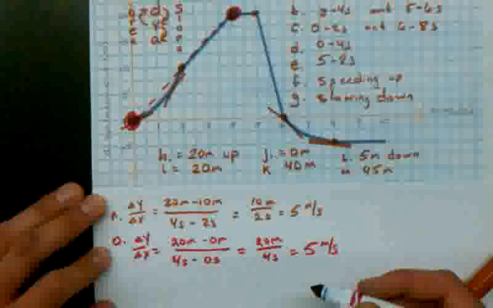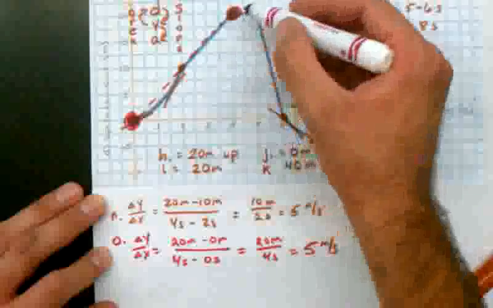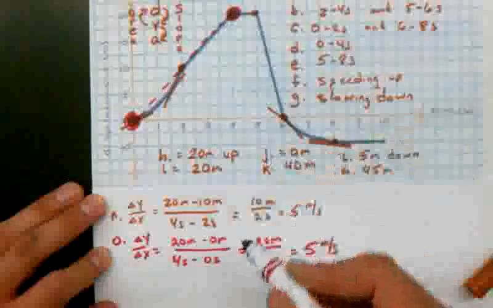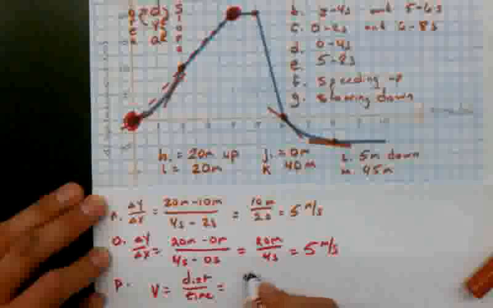Calculate the average speed of the train for the first 6 seconds. So in the first 6 seconds, it went out 20 and back 20. So the total distance it traveled was 40 meters. Speed is distance over time. 40 meters over 6 seconds is 6.7 meters per second.